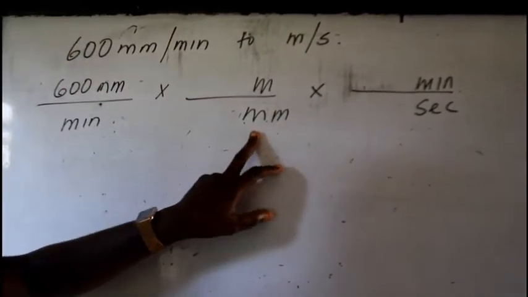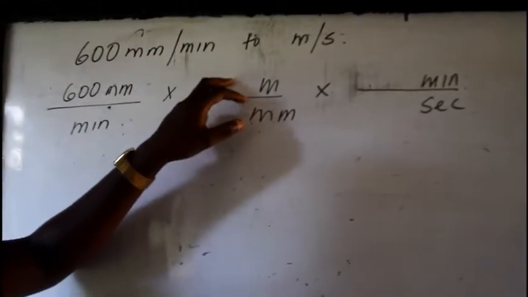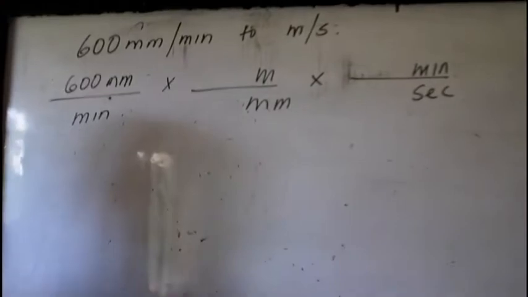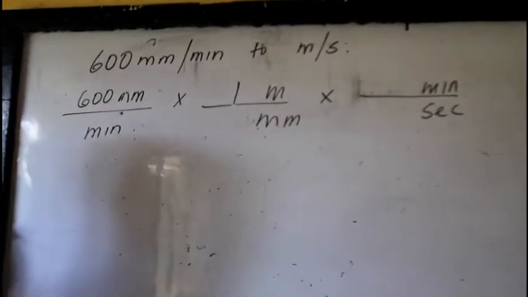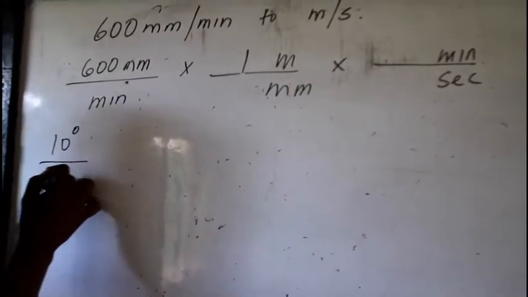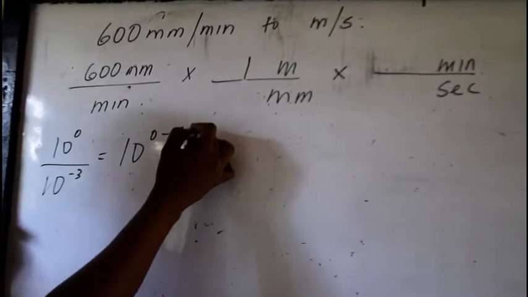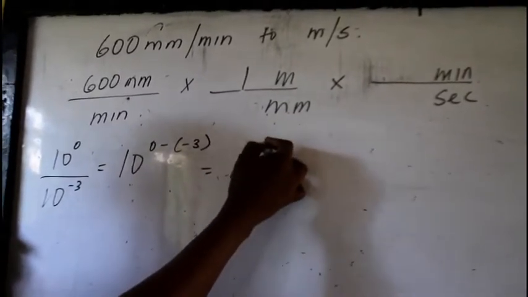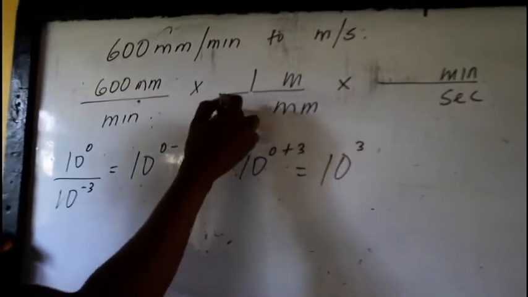So millimeters is 10 raised to the power minus 3, so it's lower than what? Meters, which is 10 raised to the power 0, which is 1. Meters take 1 because it's higher than that. So we have 10 raised to the power 0 over 10 raised to the power minus 3, which is 10 raised to the power 0 minus minus 3, which is 10 raised to the power 0 plus 3. 10 raised to the power 3. Then you put it there.